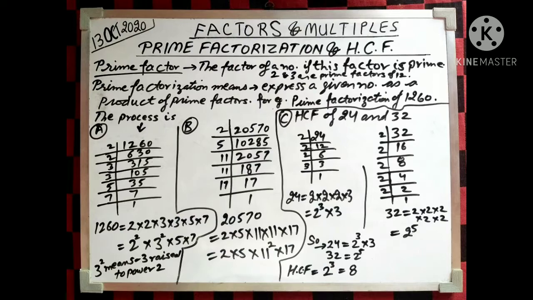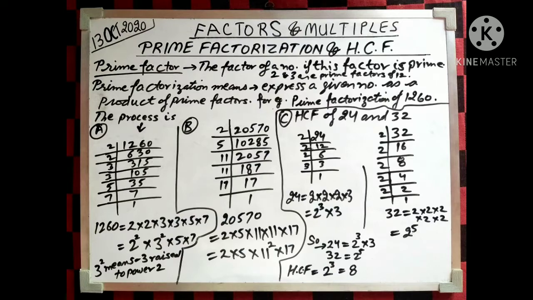Now the next step is to find the common factor. We see that 2 is in 32 as well as in 24, and the lowest power of 2 common to both is 2 power 3. So the HCF of 24 and 32 will be 2 power 3, that is 2 cube, that is 8.